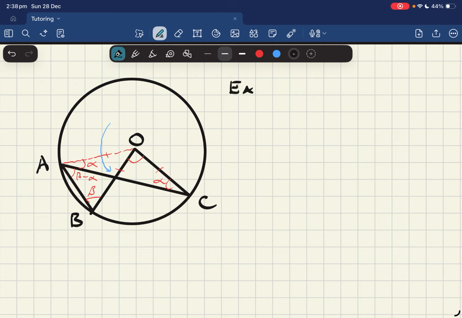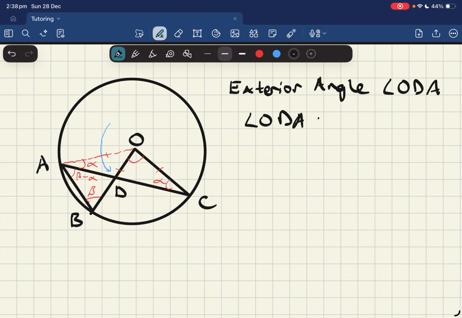Exterior angle, and let's give this another point so we can give it a name. This is angle ODA. We can say that ODA equals beta plus beta minus alpha.